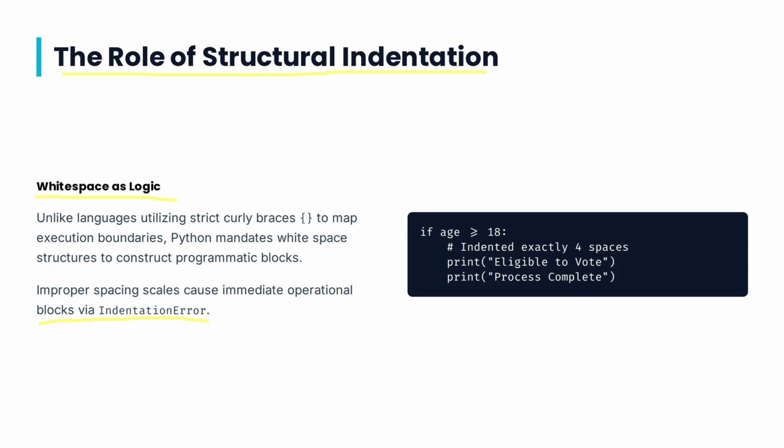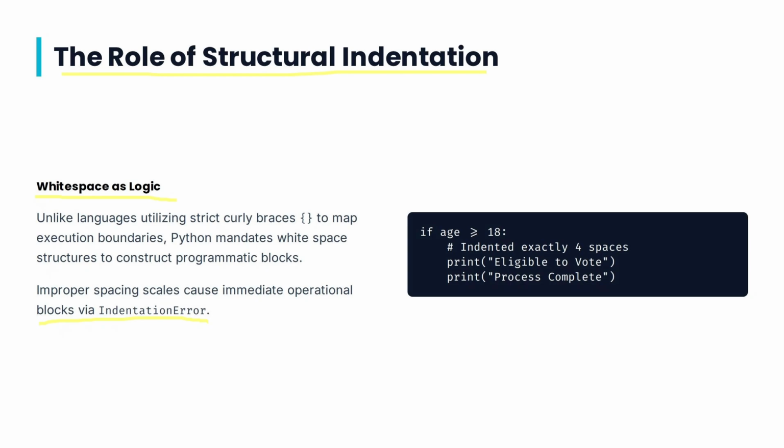We will be learning this further. If the spacing is improper, then Python immediately drops the operation and raises an indentation error. So there are many types of error, and we have to note them down, because we can be given a question where we have to identify what kind of error this is.